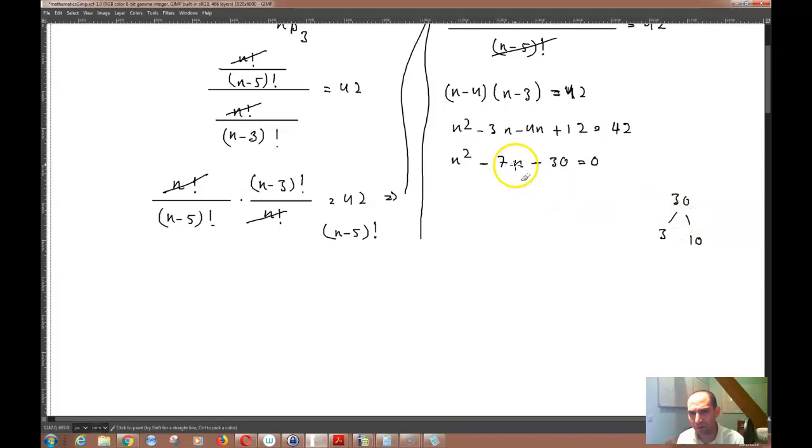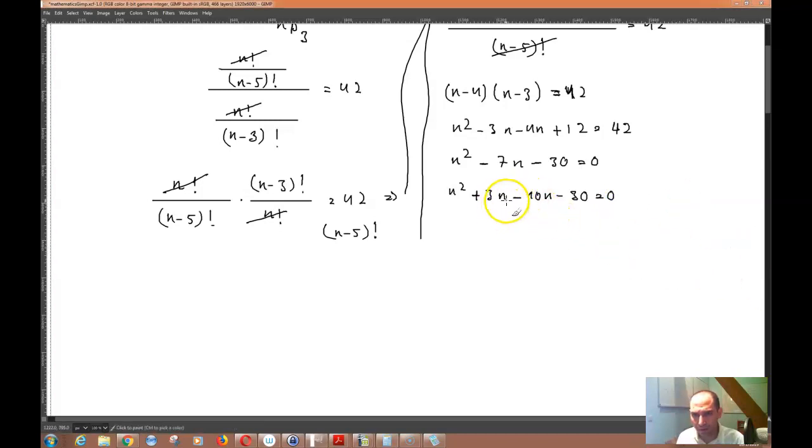And so negative 10 and positive 3 would give you negative 7, and then the product of them would be negative 30. So I write this as n squared plus 3n minus 10n minus 30 is equal to 0.